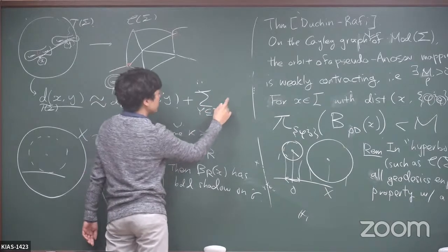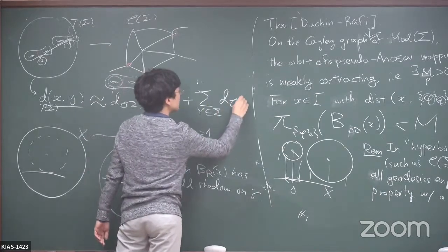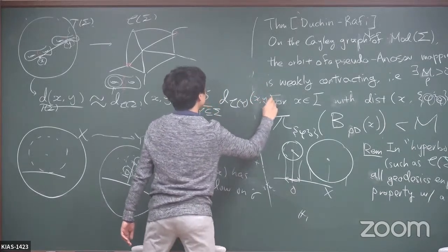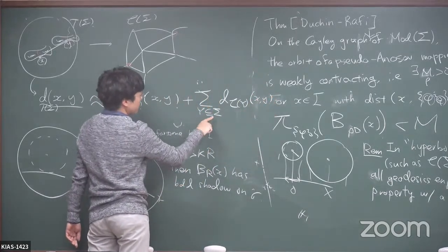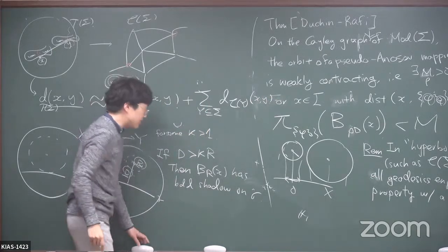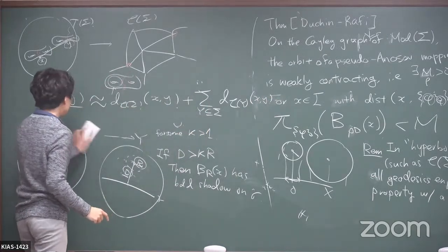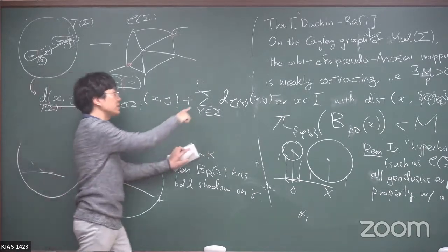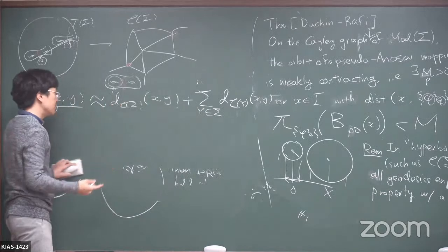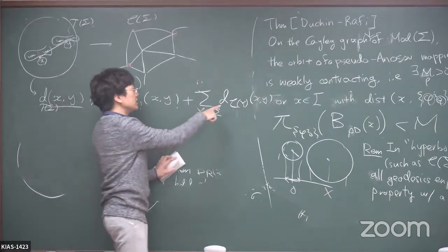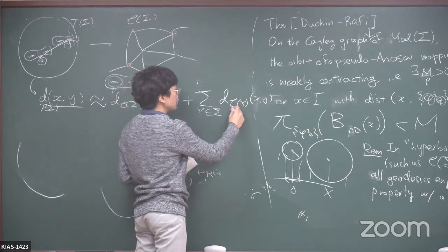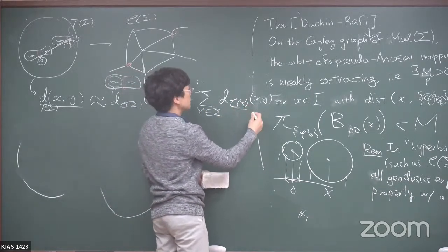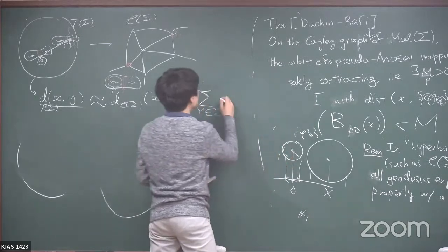Taking sigma here is unfortunate, but c_Y, x, y with the modification. There should be a threshold. There are infinitely many subsurfaces, and if you take this sum, it can be an infinite sum.